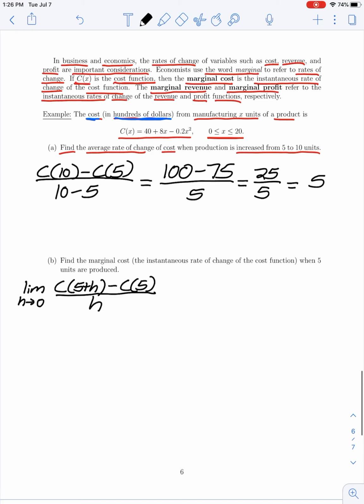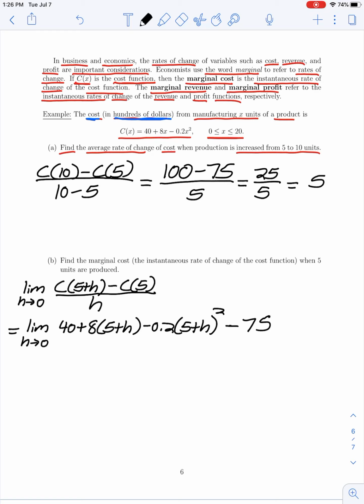So let's see what we have here. We have the limit as h approaches 0 of c of 5 plus h, which would be 40 plus 8 times 5 plus h, minus 0.2 times 5 plus h quantity squared, minus c of 5, which in part A we found was 75, all over h.